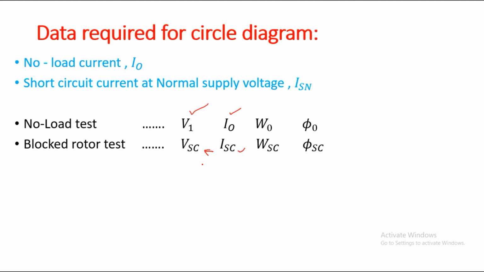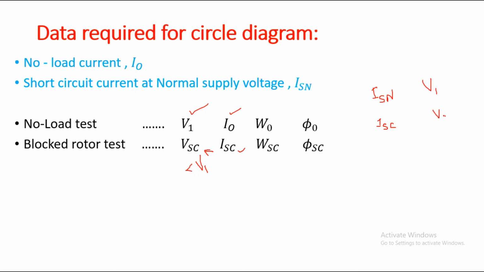It is a reduced supply voltage, less than the supply voltage V1, but we require the same short circuit current for normal supply voltage. We require ISN, that is the short circuit current for normal supply voltage, but we are able to perform only the blocked rotor test, in which we feed the machine with ISC.